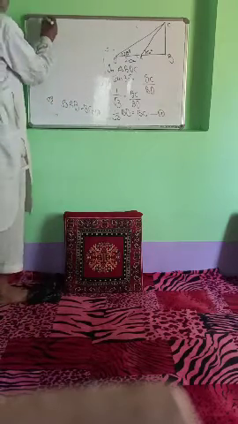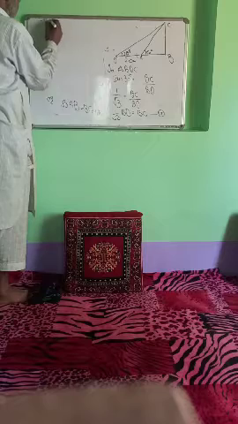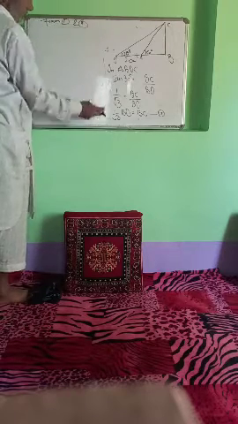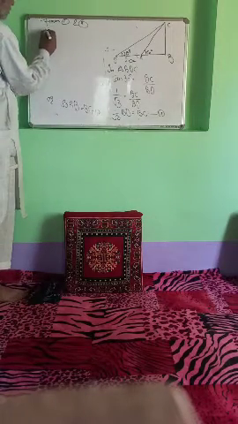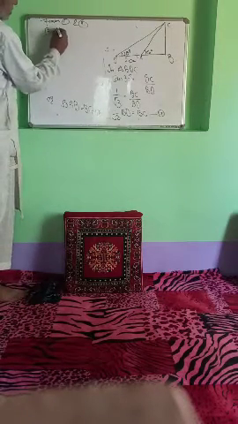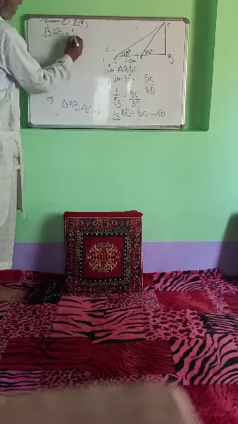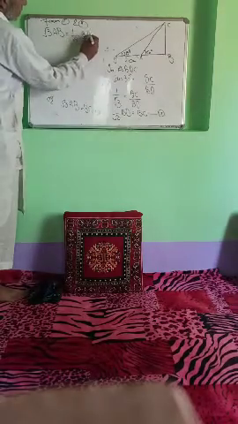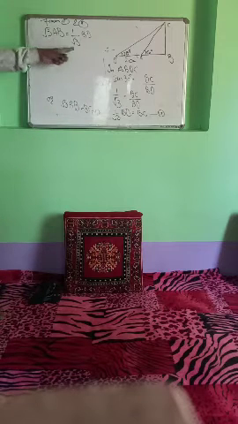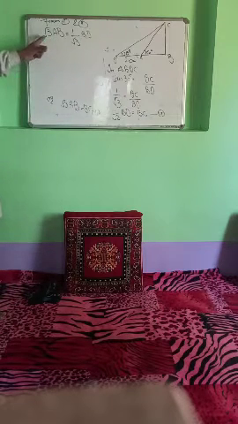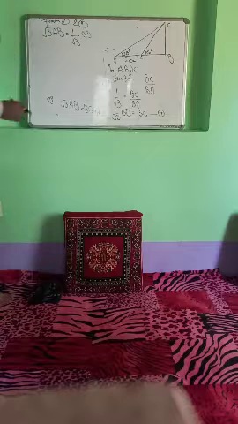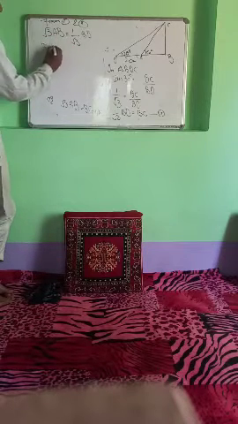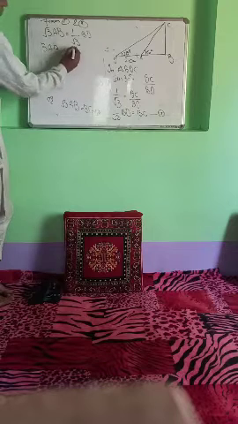Or this root 3 will be transposed, it will come here and get multiplied by this root 3. So we get root 3 into root 3 is 3, so 3AB is equal to BD.